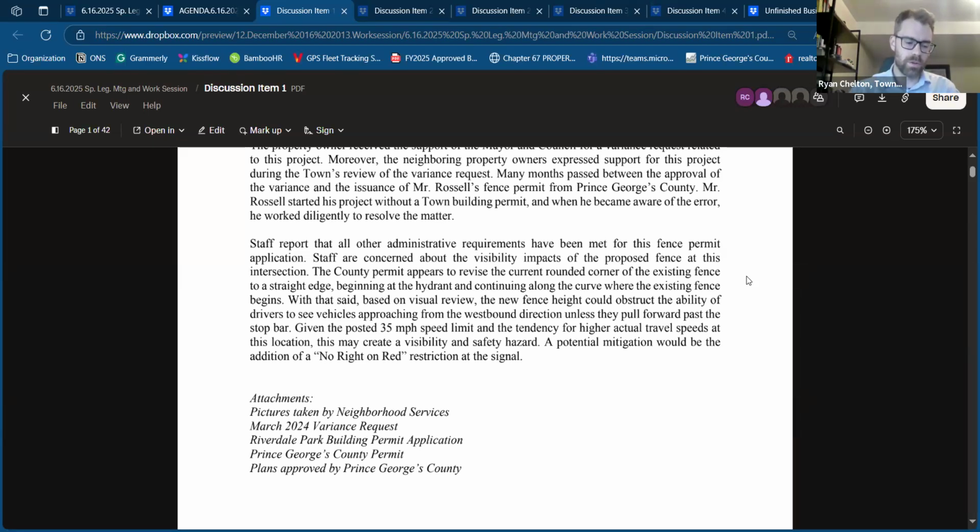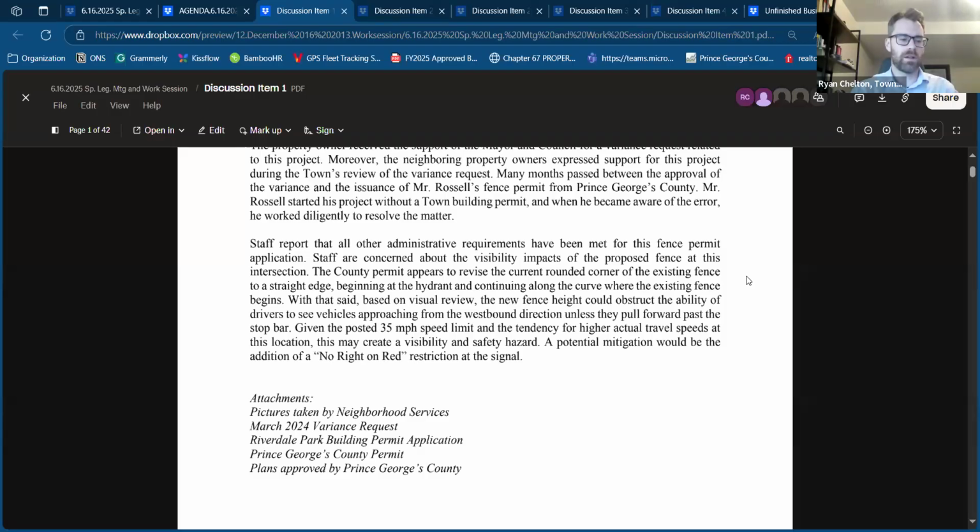Before I turn it over to the applicant, I would like to note that town staff did have some concerns with the 6-foot fence, and specifically regarding its proximity to East-West Highway at the intersection with Taylor Road.